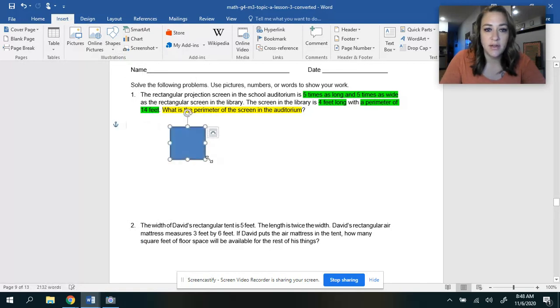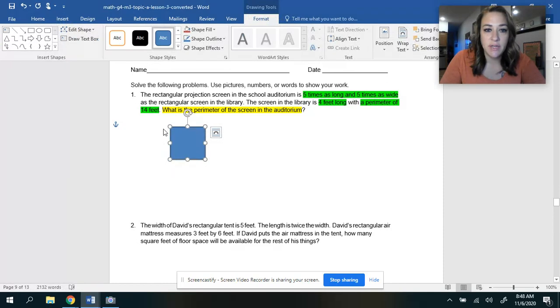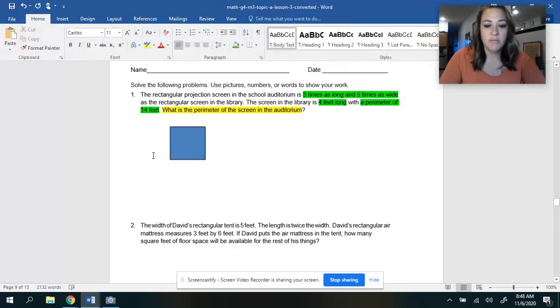Okay, so here's our screen in the library. So we know that the perimeter of this is equal to 14 feet. Okay, and we also know that it's 4 feet long.